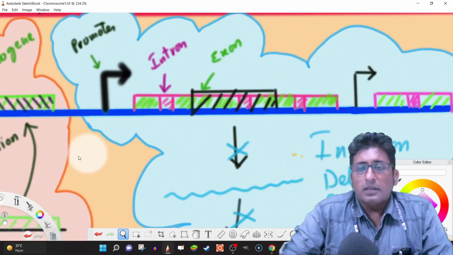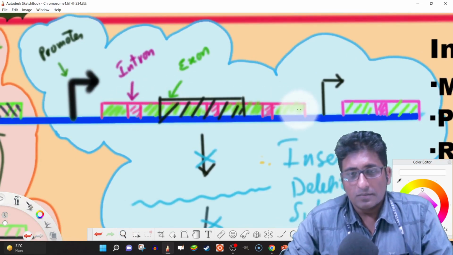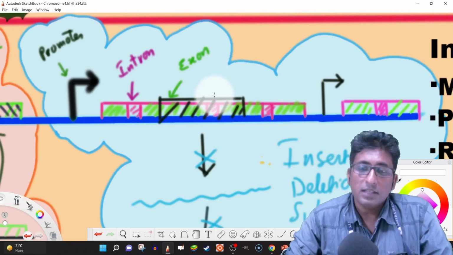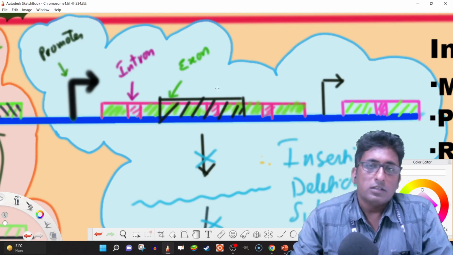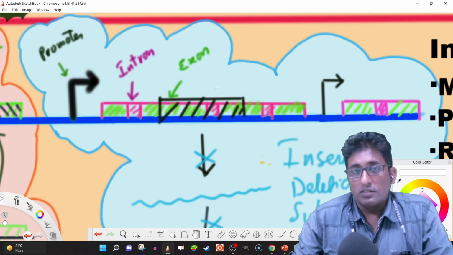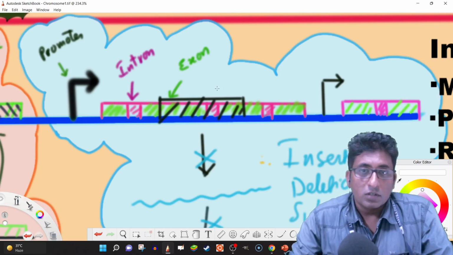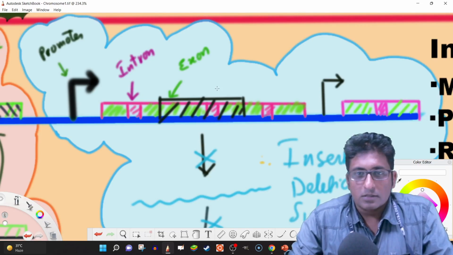In some other cases, assume that there is a gene functional as such, and there could be some mutation. Mutation is a change in the sequence, and we are interested in changes in the sequence that have a consequence on the phenotype. Those are mutations of some importance to us.